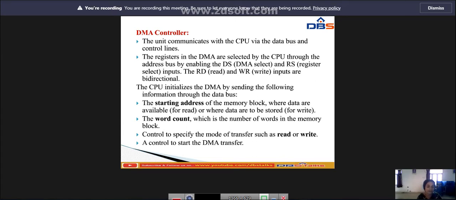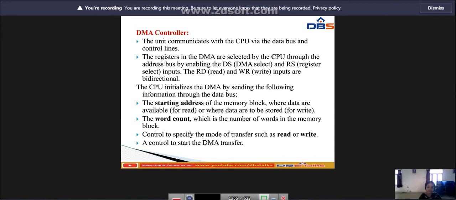It holds the number of words to be transferred, and this register is decremented by one after each word transfer and internally tested for zero. Next, the control register specifies the mode of transfer. These are the three registers of the DMA controller.